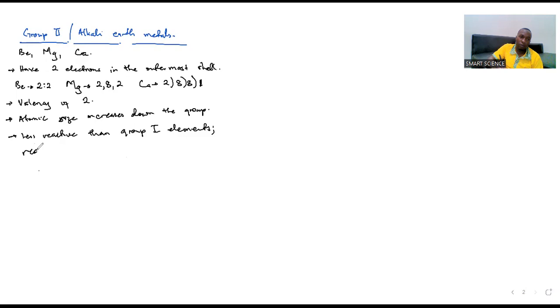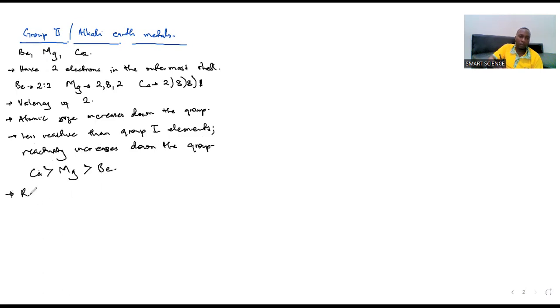However, reactivity increases down the group. Just like in group 1, calcium is more reactive than magnesium, and magnesium is more reactive than beryllium.